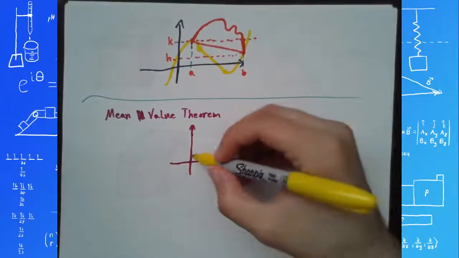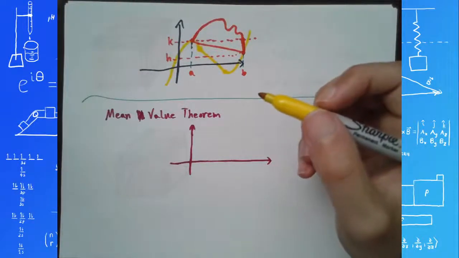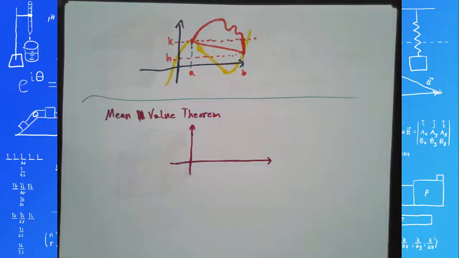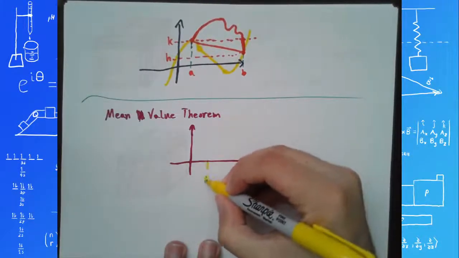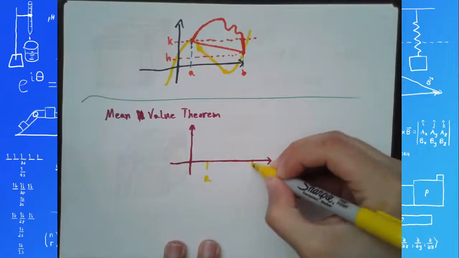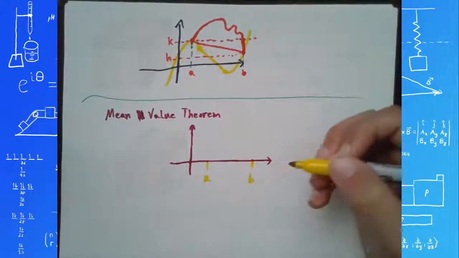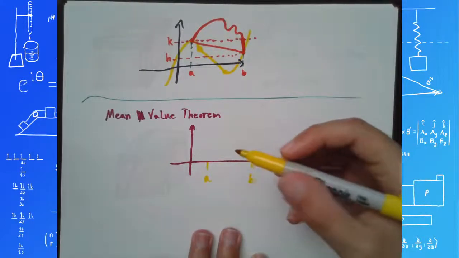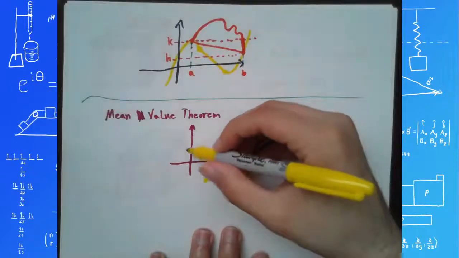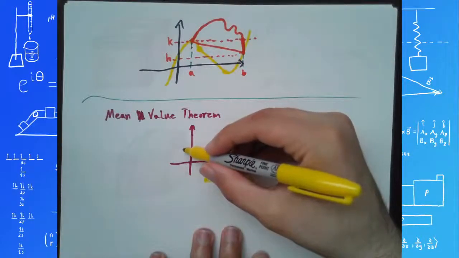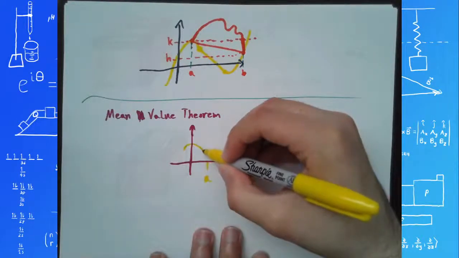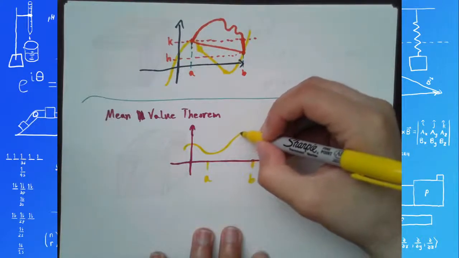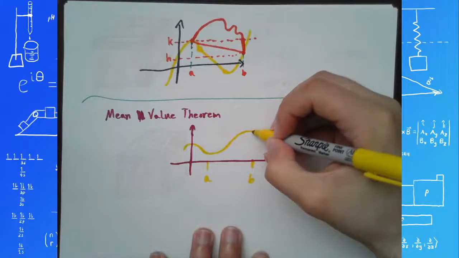So mean value theorem, suppose you have a graph that is differentiable between two given points. Let's mark our points A and B. And let's say the function is differentiable everywhere between those two points. Differentiable means continuous, of course, but it also means that the curve is smooth.